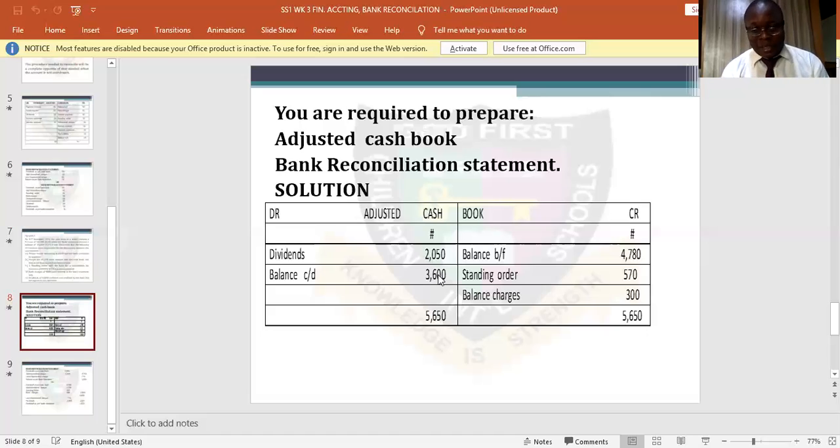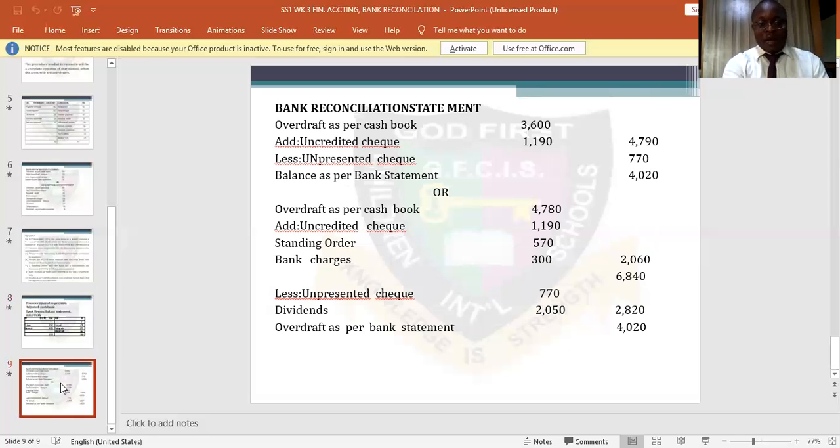Bear in mind that when we get to the bank reconciliation statement, we are going to use 3,600 naira as our overdraft balance as per cash book. You can see it on the screen here. Then add the uncredited check.